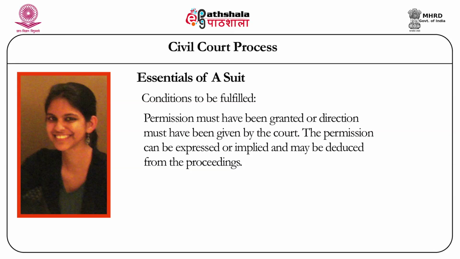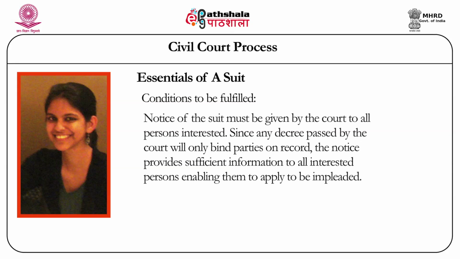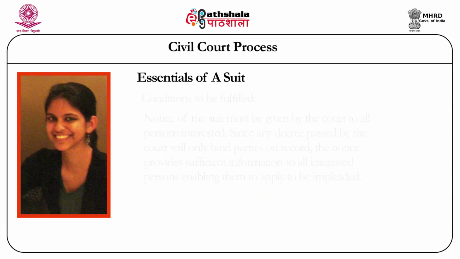3. Permission must have been granted or direction must have been given by the court. This is the next important condition. The permission can be expressed or implied and may be deduced from the proceedings. Fourth, notice of the suit must be given by the court to all persons interested. Since any decree passed by the court will only bind parties on record, the notice provides sufficient information to all interested persons, enabling them to apply to be impleaded.